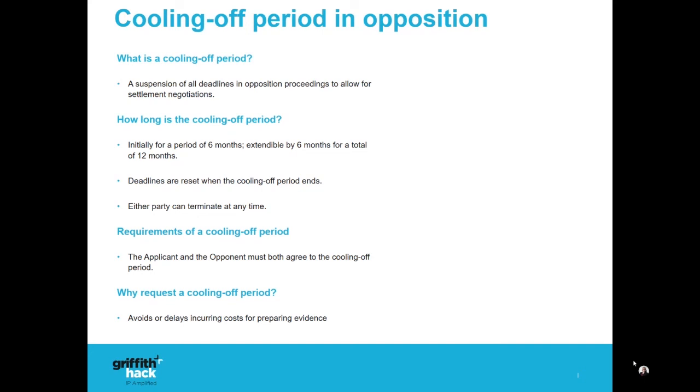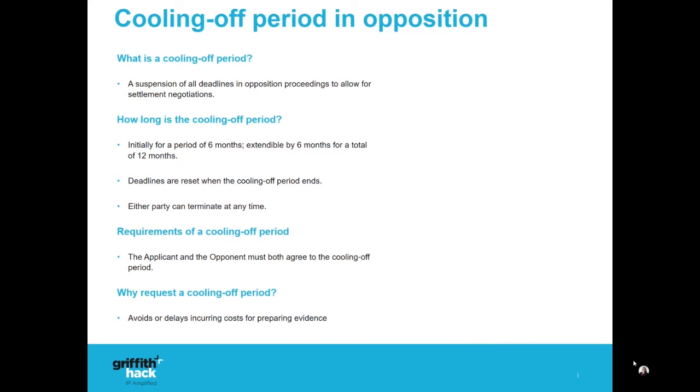Once you get into requesting suspension, the Trademarks Office likes to have some reasons justifying why further time is required, what progress the parties have made in settlement, how far down the track they are. And if you apply for multiple suspensions of the opposition, so you have 6 months and then you apply again, the longer you take to settle, the more details the Trademarks Office is going to want to grant the suspension, because they want to see that you're not sitting around twiddling your thumbs.